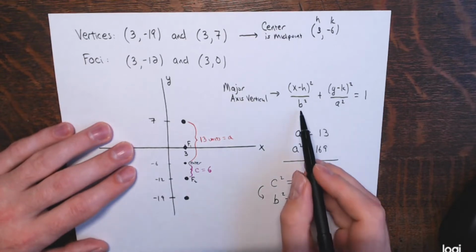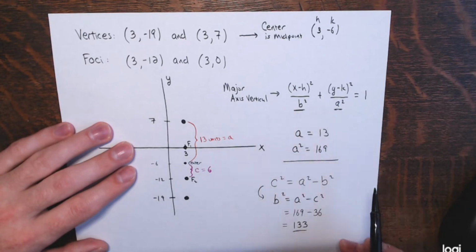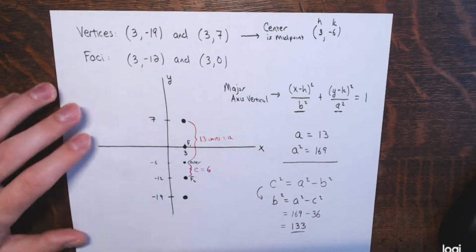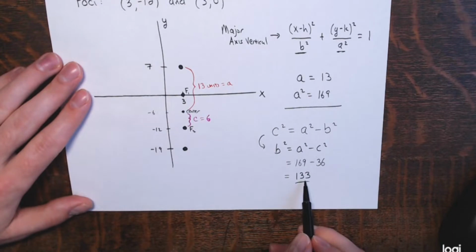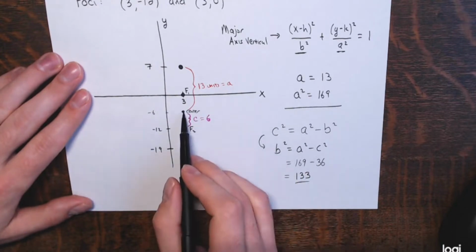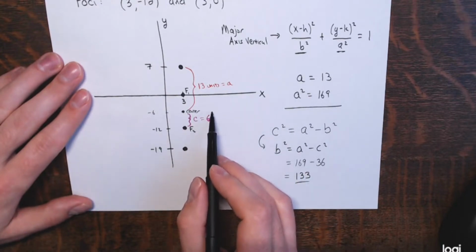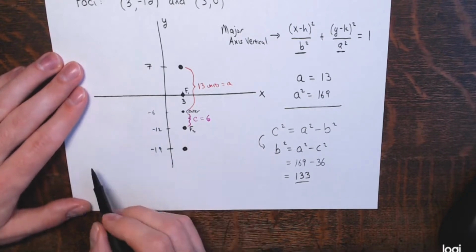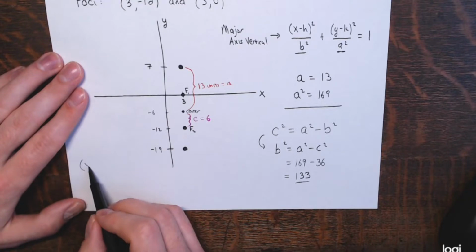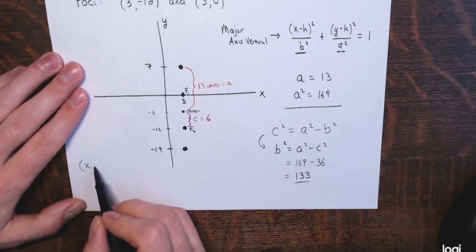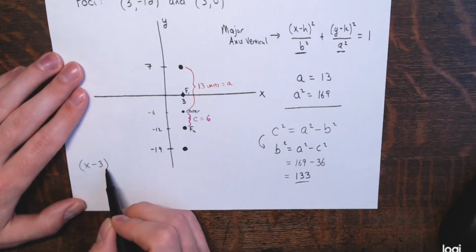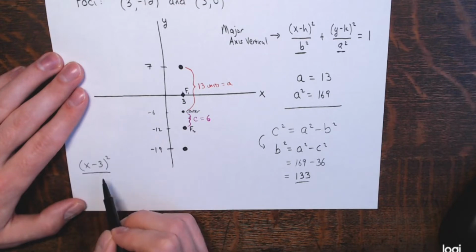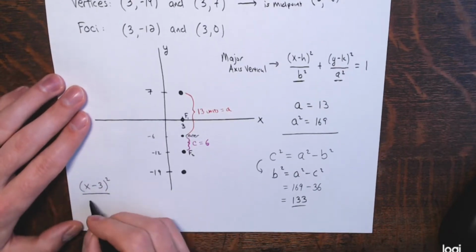So now I have b squared, I have a squared, I have h and k. I can fill in the equation of the ellipse they want. Now b would be the square root of 133, so if you go from the center right square root of 133 and left square root of 133, you'll have the co-vertices, but we're not asked for any of that. The equation of the ellipse they want is the following. (x - 3) squared, that's the x value of the center, divided by b squared, which is 133.